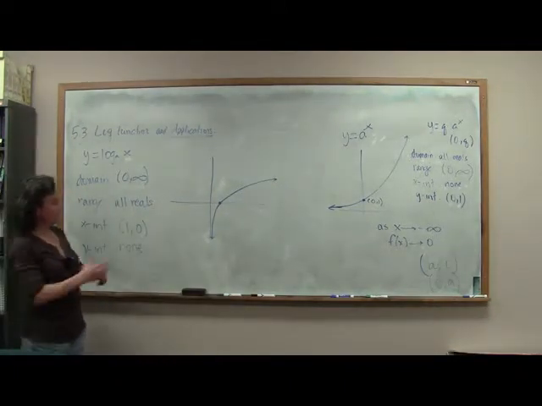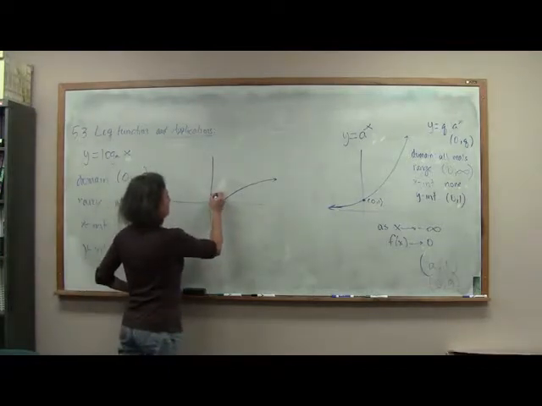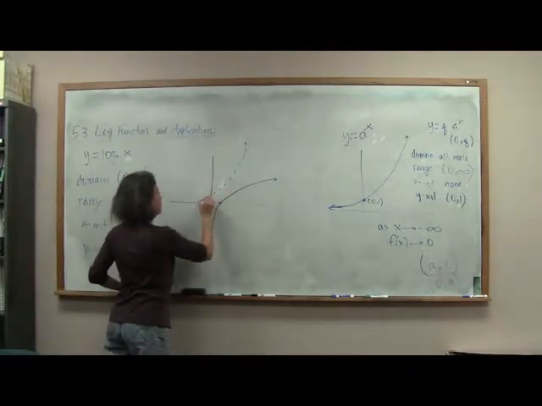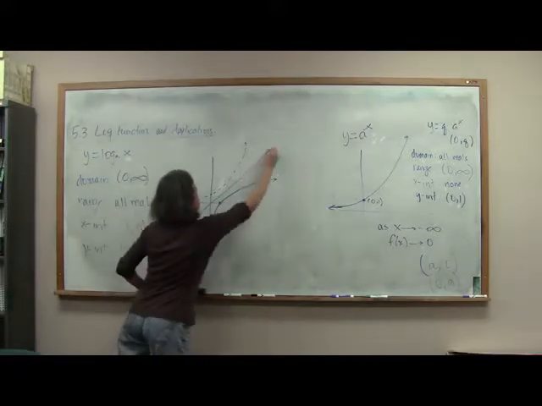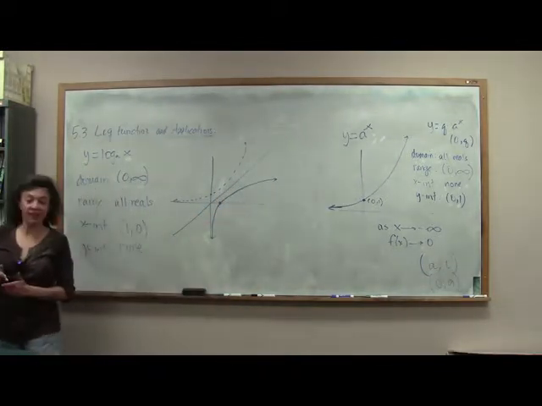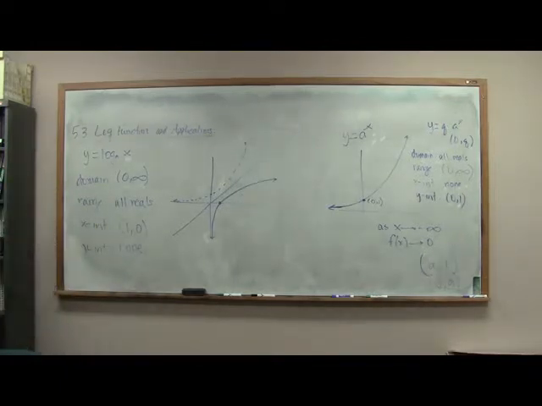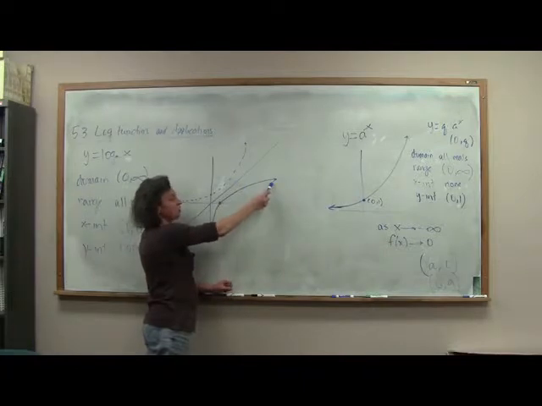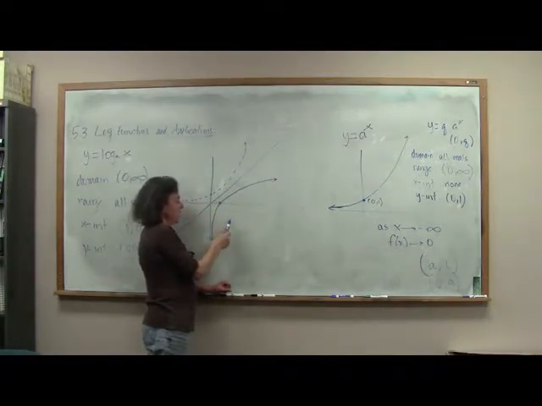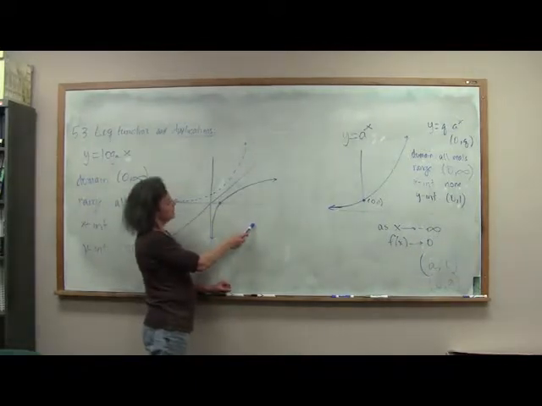If you graph these on the same coordinate axis, and then you draw the line y equals x, you'll see that, yes, in fact, they are reflections about that line. So what's important for me to communicate to you? That in general, this is what the graph of your log function looks like. It's important for you guys to know that you cannot take the log of a negative number.